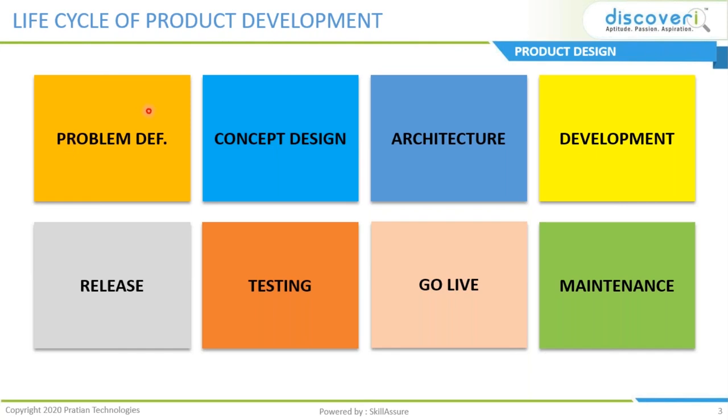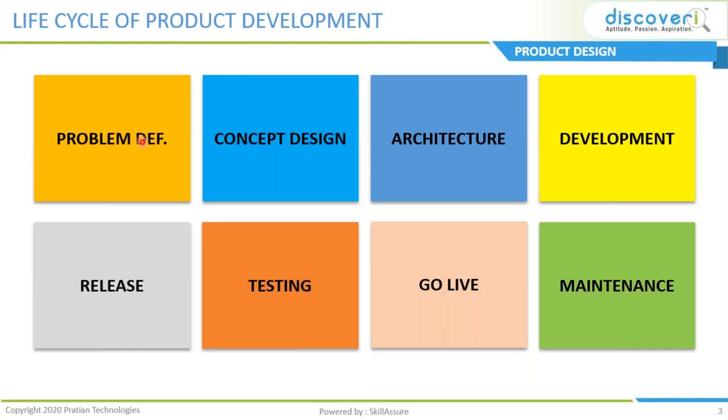We need to identify the problem, its root cause, and how we can figure out ideas and solutions to solve that problem. All of this is done in the problem definition phase, and here the business analyst plays a very important role.